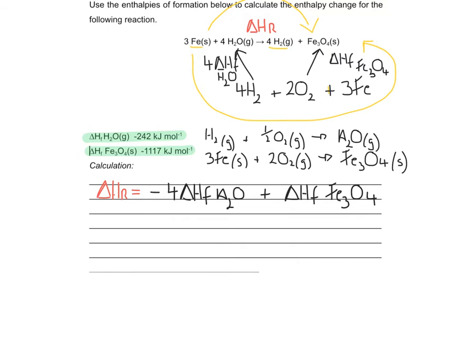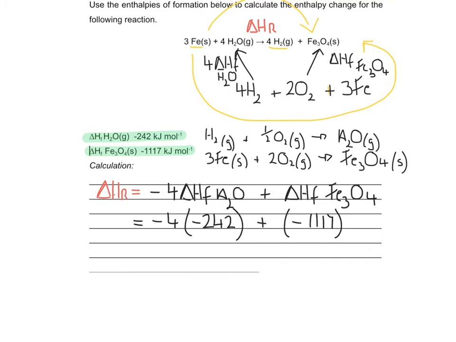Now if I pop in the values then, so it'll be negative 4 times, and the delta HF for water is minus 242. You're given that in the question. Add it to the delta HF for iron oxide, which is minus 1117. Now when we solve that, a minus times a minus becomes a positive.